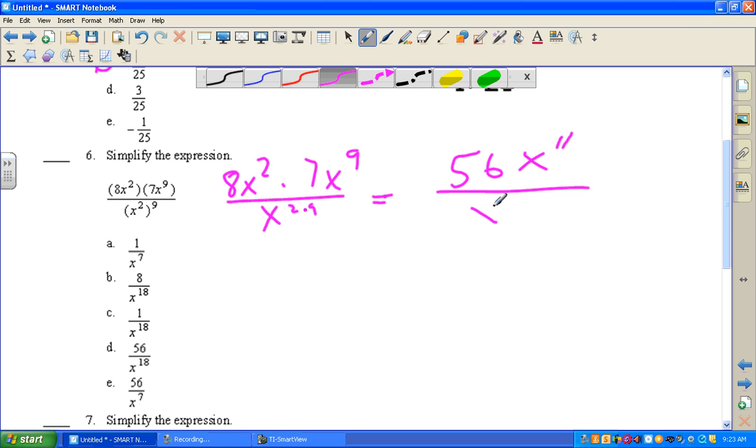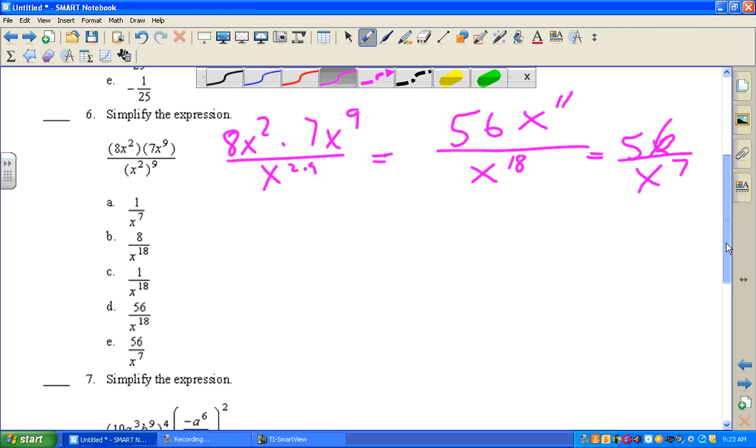X 18. Right. Equals 6 over x 7. Very good. And which one is that? E. All you do is just multiply it out, add exponents. Down here, you multiply the exponents.